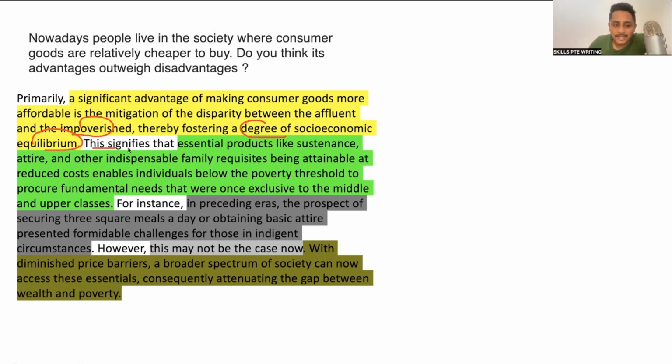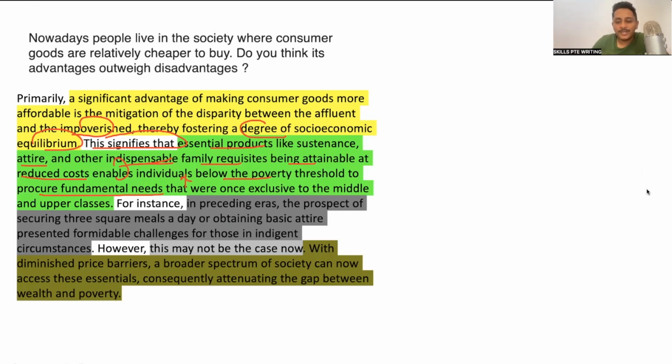Because this signifies that, or this is because, this implies, this means, any of the linking words you need to write. Essential products like sustenance, attire, and other important, indispensable family requirements being attainable at reduced cost enables the individuals below the poverty threshold to procure fundamental needs that were once very exclusive only to Mr. Ambani, only to rich people.